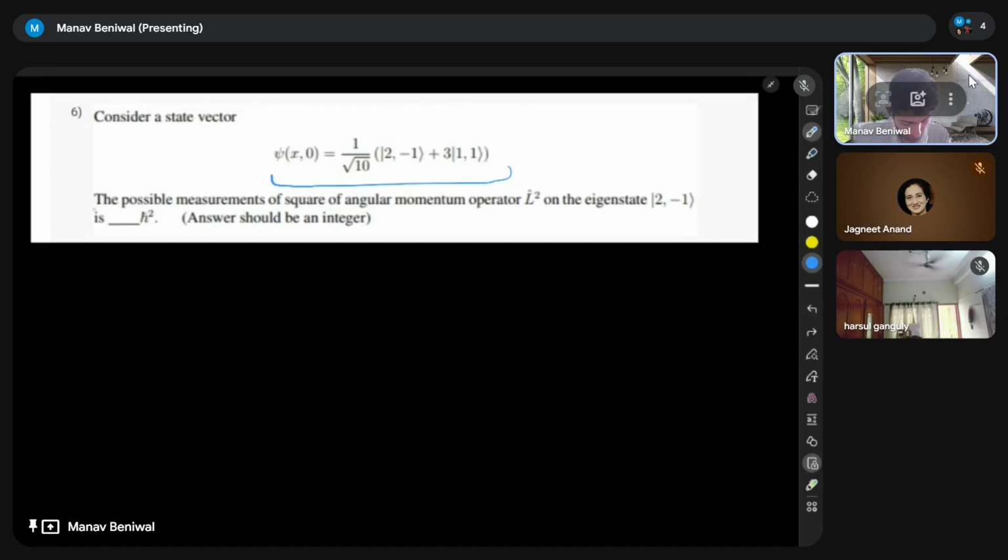The question is, if we measure the square of angular momentum L square on the eigenstate 2, minus 1, then what is the answer that we will get?